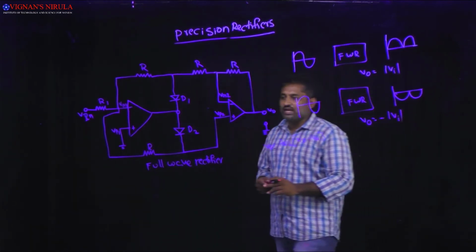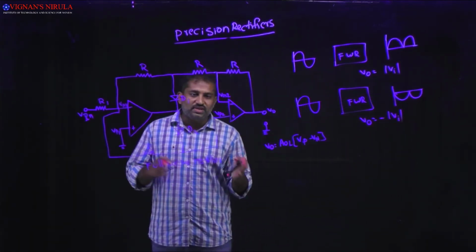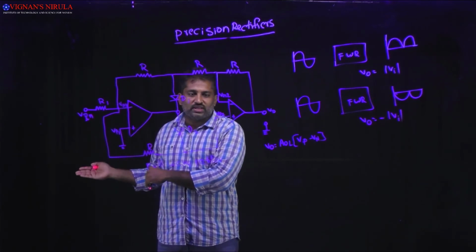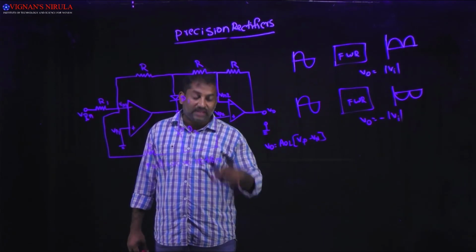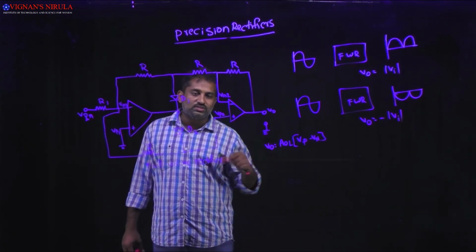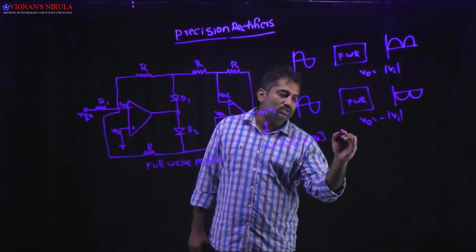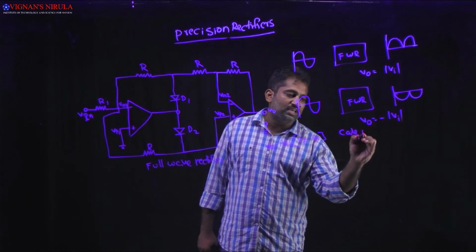First, like previously what we have seen, we consider two cases: case 1 is Vi greater than 0 and case 2 is Vi less than 0. Here also I am going to consider the same cases.